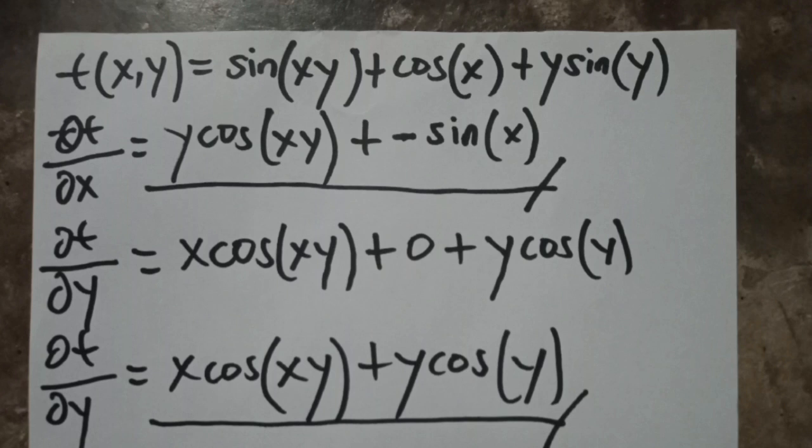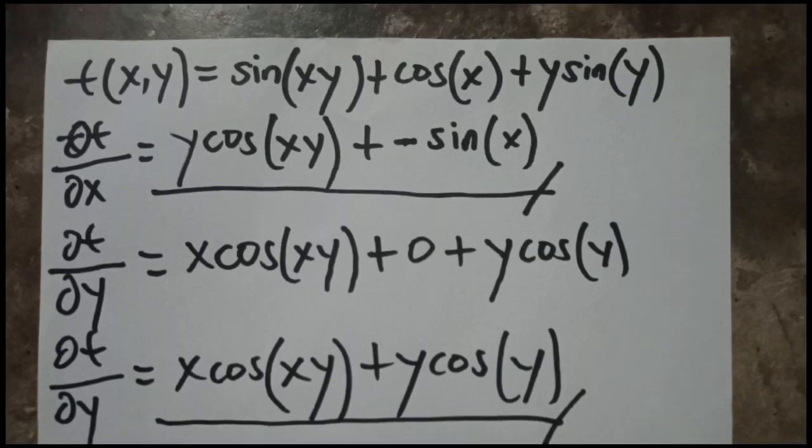So the answer is x cosine of xy, plus the derivative of cos x with respect to y, which is 0, plus the derivative of y sine y with respect to y, which is y cosine y.